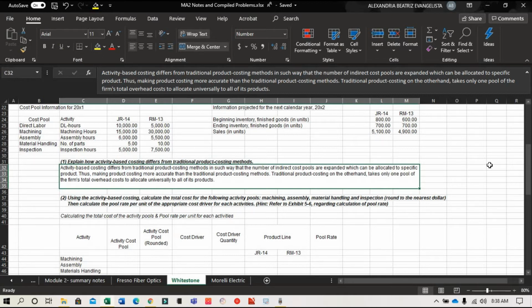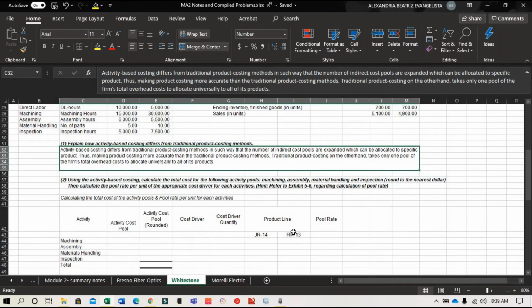Now, let's proceed to the second requirement. Using activity-based costing, calculate the total cost for the following activity pools: machining, assembly, material handling, and inspection. Round to the nearest dollar, then calculate the pool rate per unit for the appropriate cost driver for each of the activities. Hint: refer to Exhibit 5-6 regarding the calculation of the pool rate.